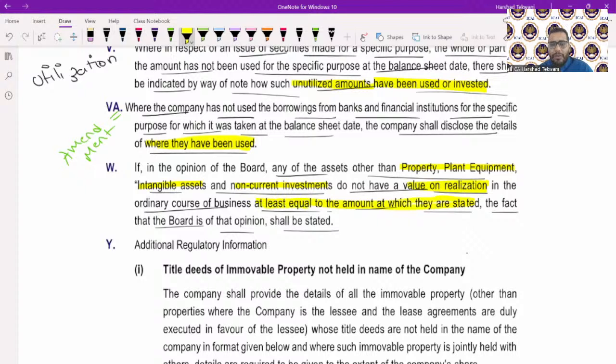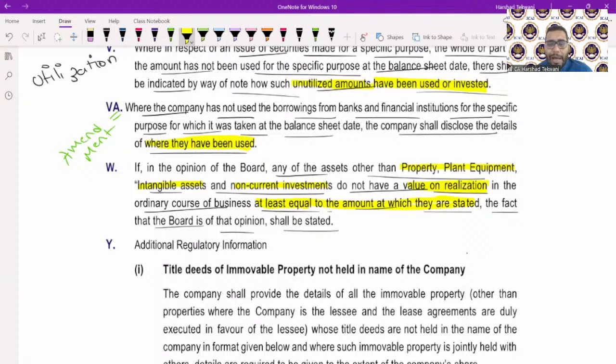If they don't have value on realization equal to book value, let's say the asset is shown at 100, but if I'm going to sell that asset and I'm not going to get that amount of rupees 100, I am going to get a lesser amount, then I need to disclose that fact. The board is required to disclose that particular opinion in the financial statement.